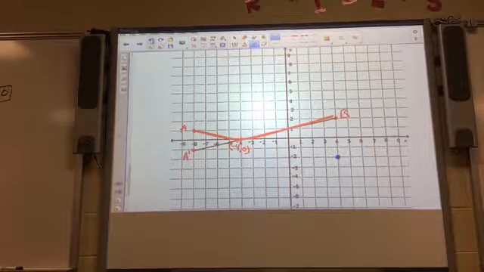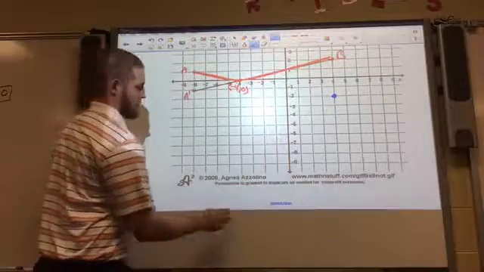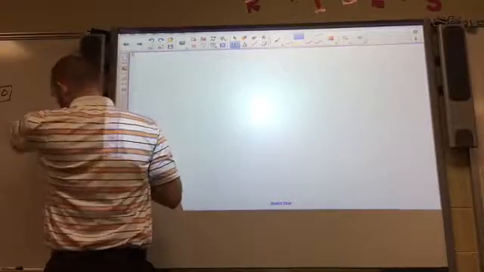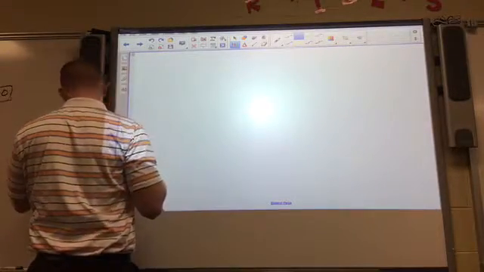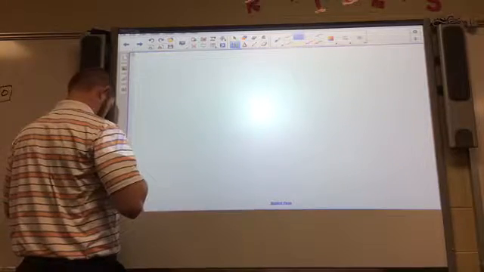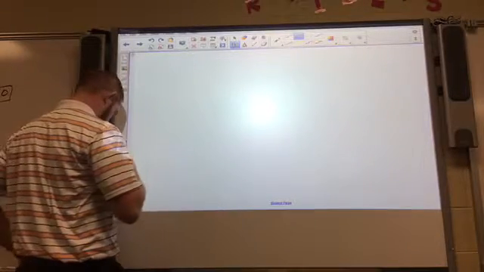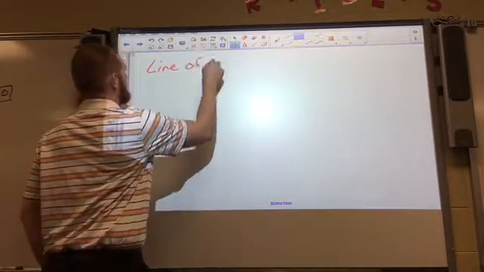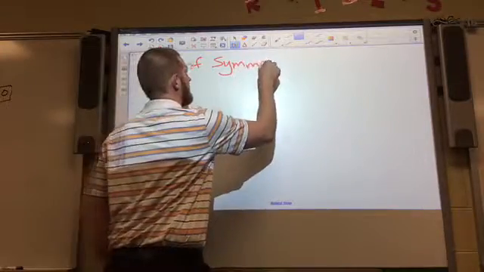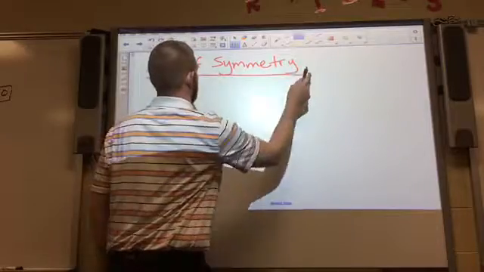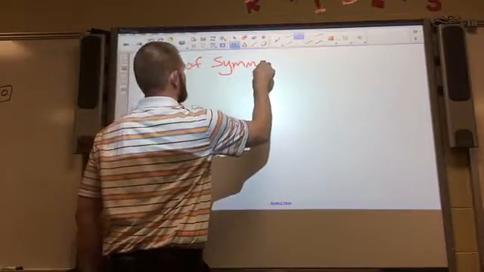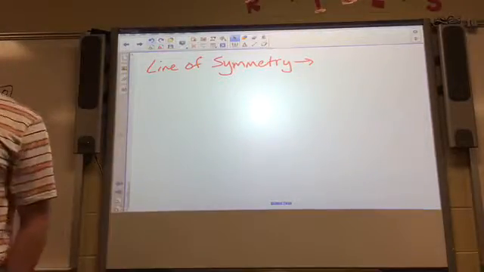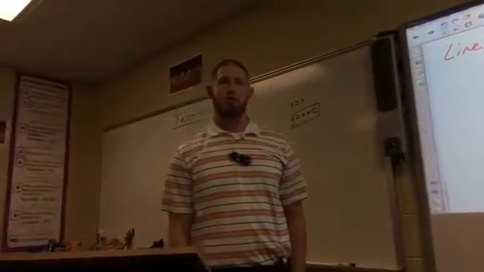All right, flip the page. We're on 406. You've got one last thing we really need to talk about here. That is the line of symmetry. And it's just a definition. I'm guessing we have an idea of what a line of symmetry is, right?